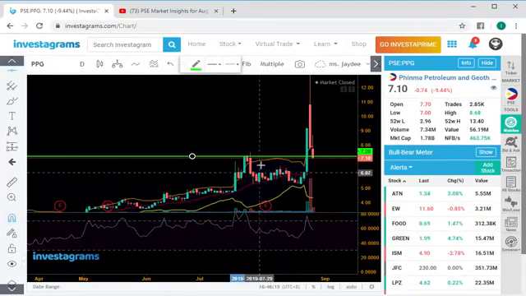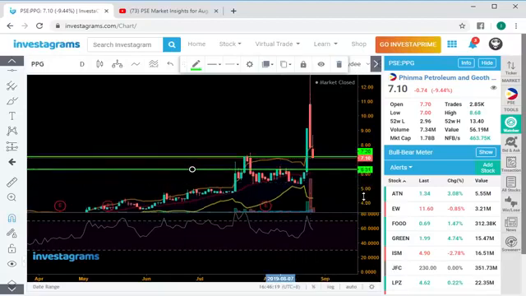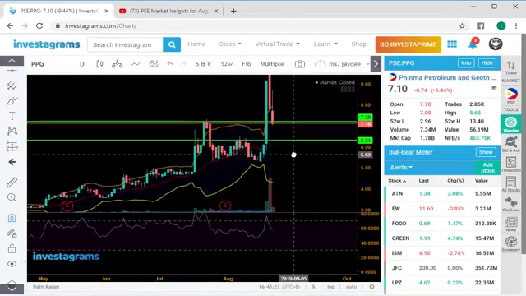And just for definition purposes, a support is like the floor, okay? When a price hits that level, the price bounces back up. And a resistance is like your ceiling, that when a price reaches that level, then it goes back down again.